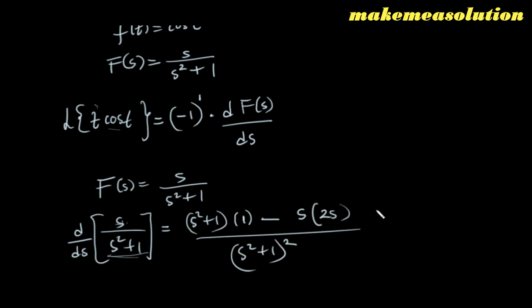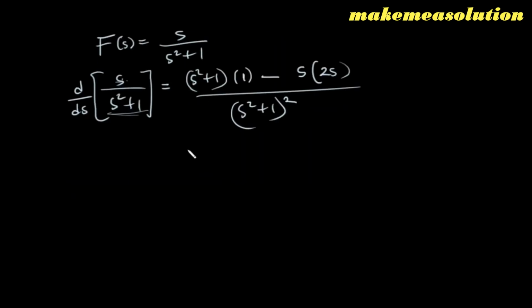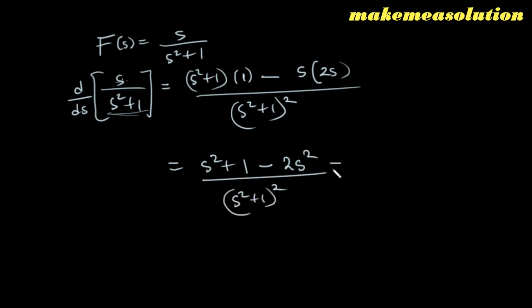If you simplify, you get s squared plus 1 minus 2s squared all over s squared plus 1 all squared. So this gives me 1 minus s squared all over s squared plus 1 all squared. So I've gotten my d by ds of F of s.